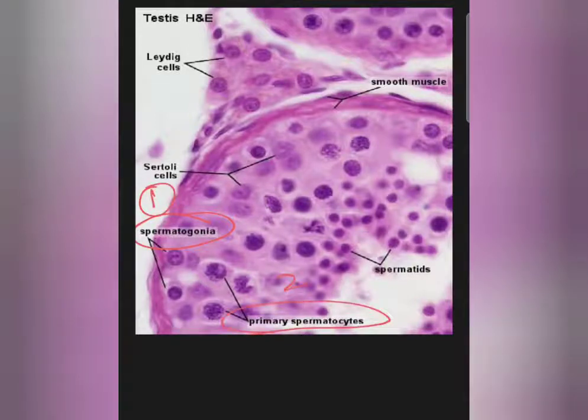After that comes secondary spermatocyte, which is not present in this picture. After that, spermatids, the fourth stage, and lastly spermatozoa, which is the mature sperm, also not located in this picture.